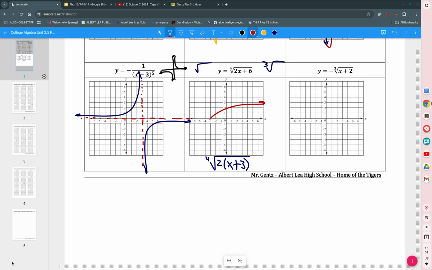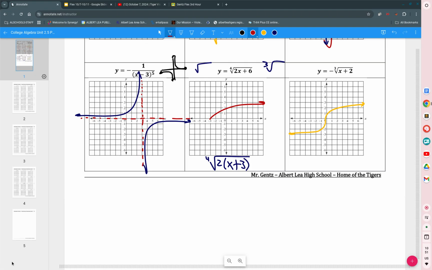Try the next one on your own. Okay, I drew the parent function.